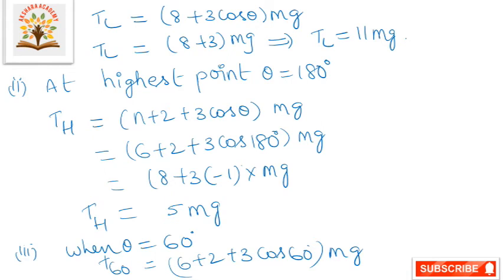Substituting, 6 plus 2 is 8, plus 3 of cos 60, which is 1 by 2, into mg.